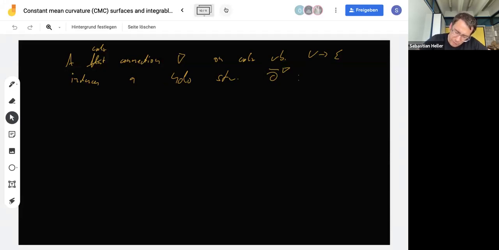So we think of nabla as an operator which maps sections to one forms, and we decompose these one forms into the complex linear part, the 1,0 part, plus the 0,1 part.